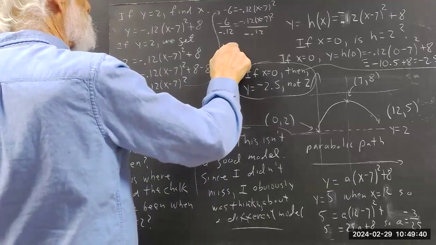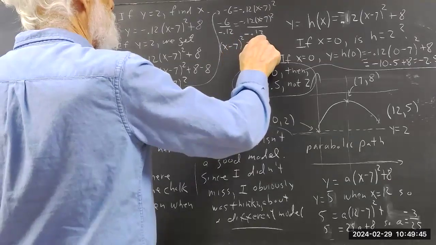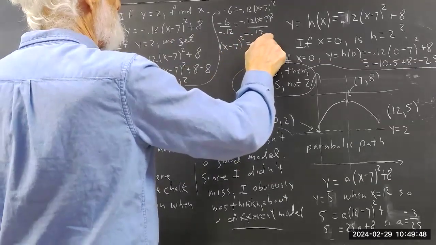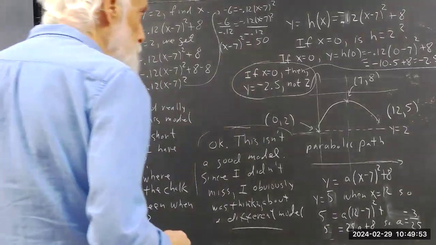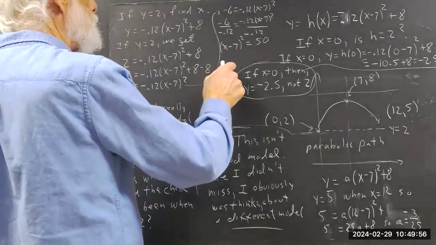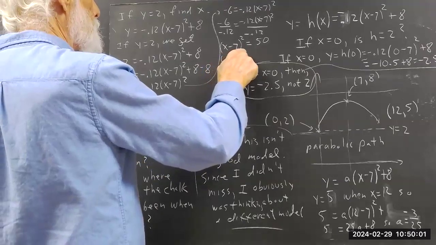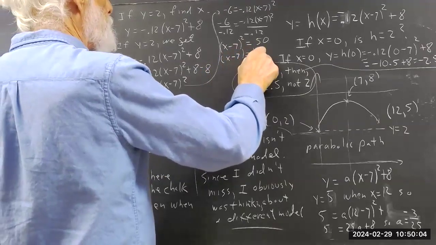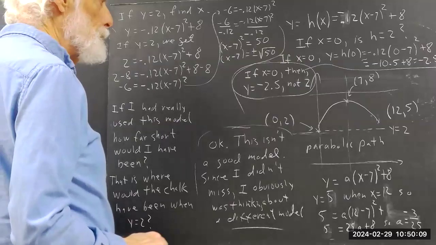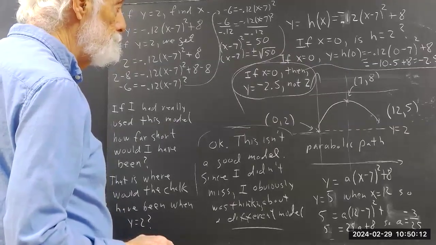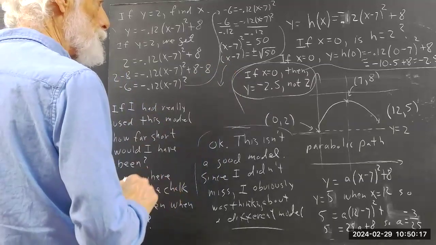And that's going to give me x minus 7 squared equals 50, approximately. Solve that. x minus 7 is plus or minus the square root of 50. And things get narrow here. I'm going to have to come down a little further.